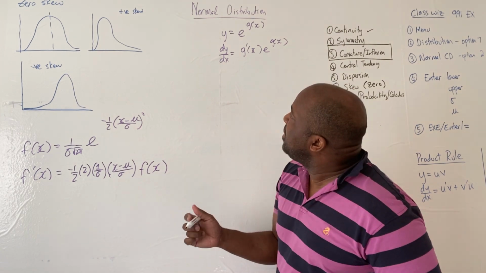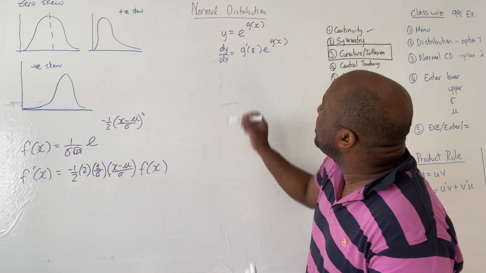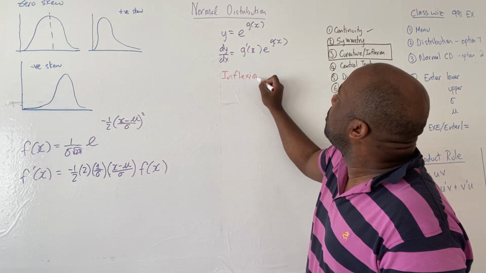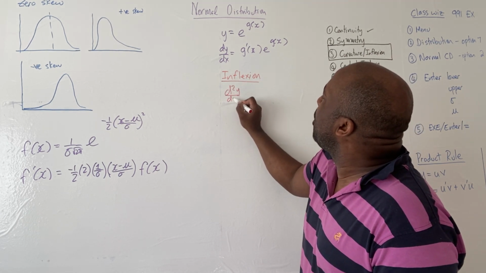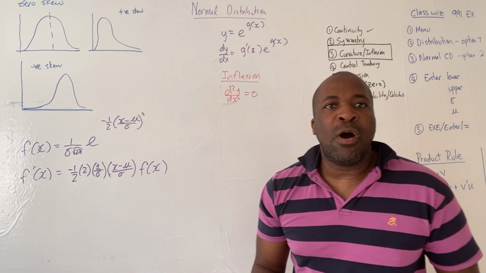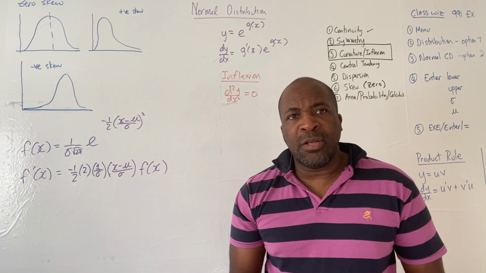Now, in order to get the inflection point, again, recall that a condition for the inflection point is that d squared y dx squared must equal 0. This is what we would call a necessary but not sufficient condition.